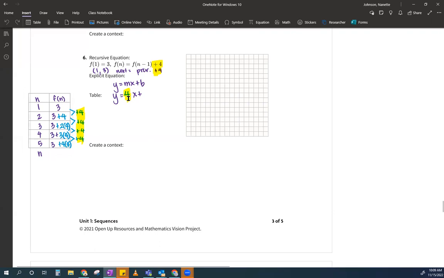So there's my m. And then now I need to go backwards, right? Your b. Remembering that your b is just your y-intercept. It's when x equals 0. And you're like, oh, okay, that's all I need, Ms. Johnson, is when x is equal to 0, or in this case, n is equal to 0. Oh man, Ms. Johnson, there's no 0.